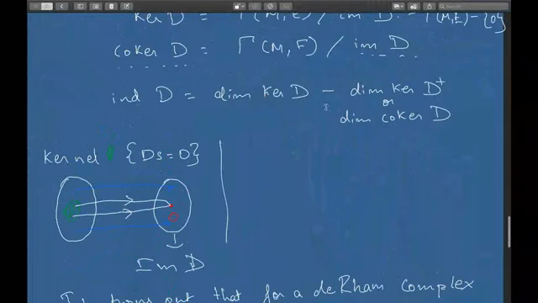The index of D is defined as the dimension of the kernel of D minus the dimension of the co-kernel of D, right? So you have some kernel here, and then you have the same kind of kernel in the dual space.